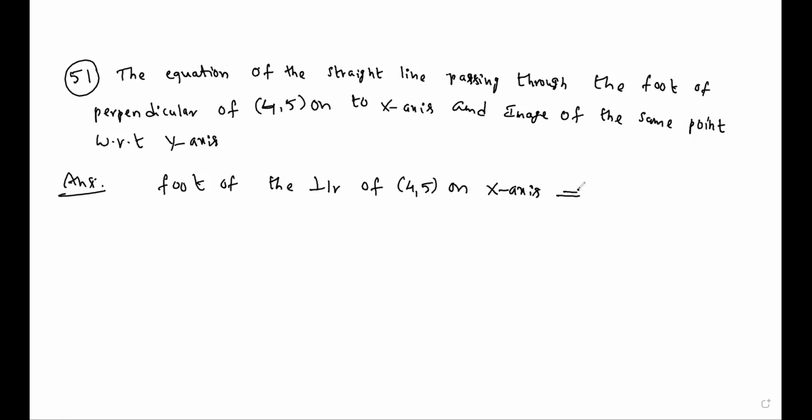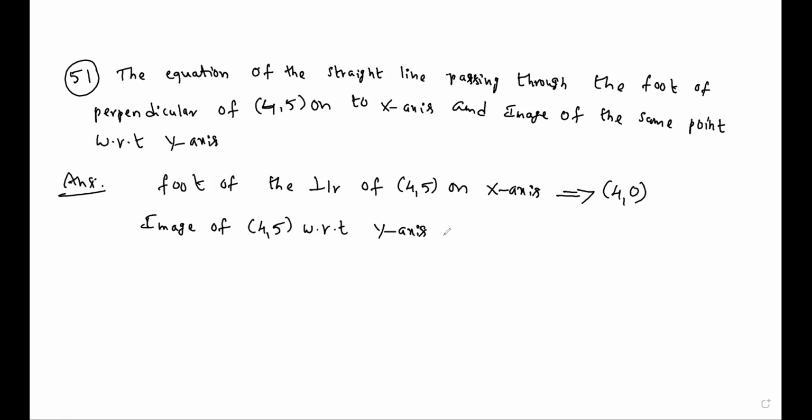Before we discussed that (4, 5) is in the first quadrant. If you draw a perpendicular line to the x-axis, then the foot of the perpendicular point becomes (4, 0). Next, the other point is the image of the same point, the image of (4, 5) with respect to the y-axis.